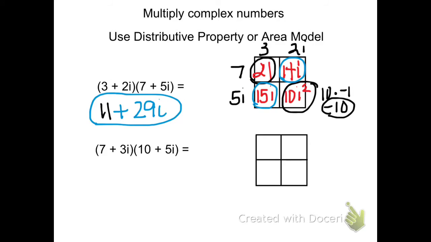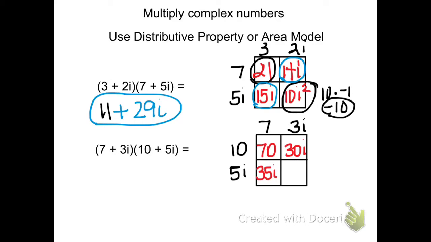The other example would be 7 plus 3i times 10 plus 5i. So I'm going to take my 7, put it on top, my 3i on top of the second box. 10 goes to the left, and 5i goes on the second row. I want to multiply those using the area model. So 7 times 10 is 70. 3i times 10 is 30i. 7 times 5i is 35i.